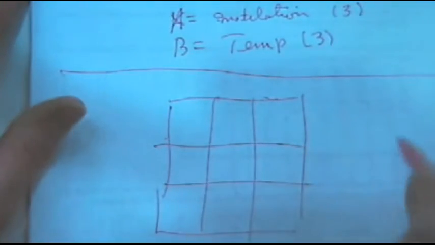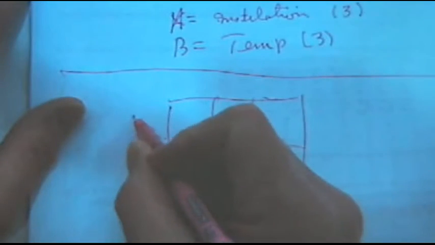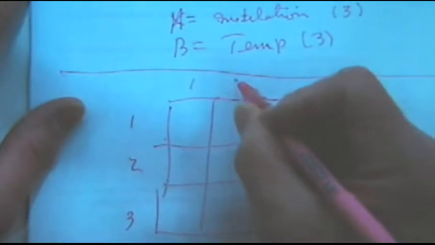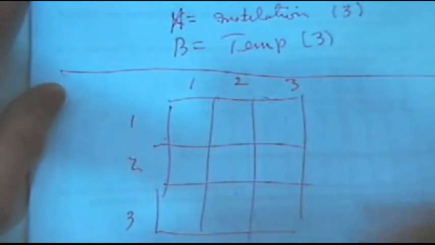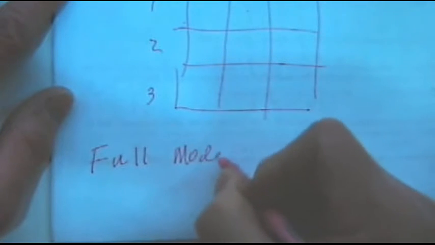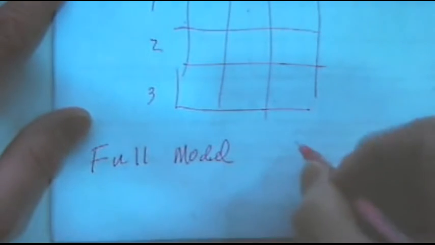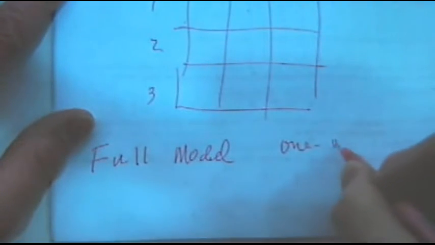Let's just do the 3 of them. We have 1, 2, 3, 1, 2, 3 levels, and then we just collect the data in cells, and then we can model in cells too. In fact, the full model in this case is our old friend, one way and another way. So here, you have Y_ijk.